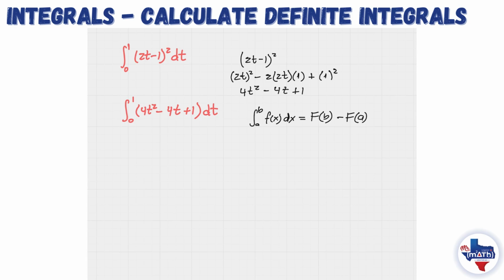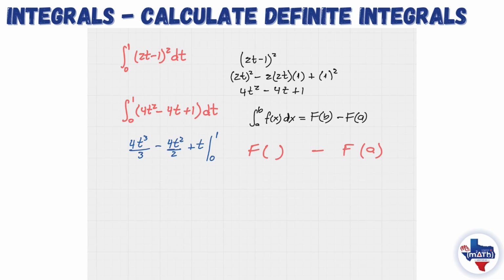We'll have 4t cubed over 3 minus 4t squared over 2 plus t. And this needs to be evaluated from 0 to 1. Basically what we need to do is find F of b minus F of a.